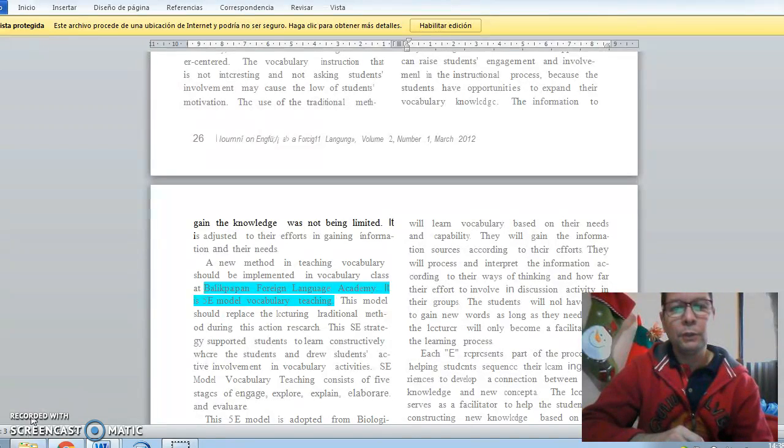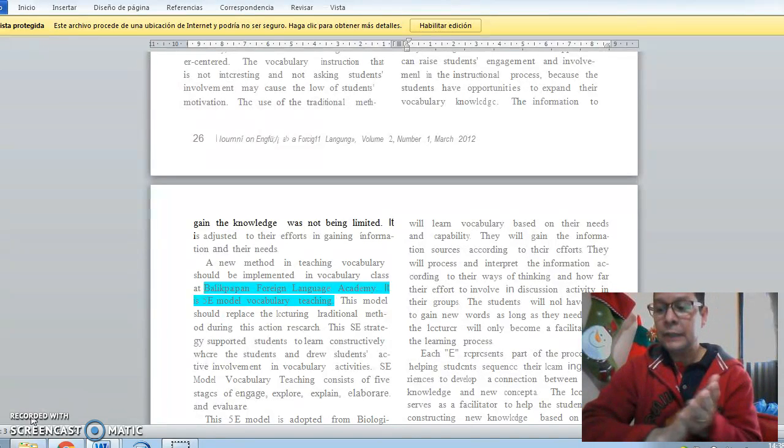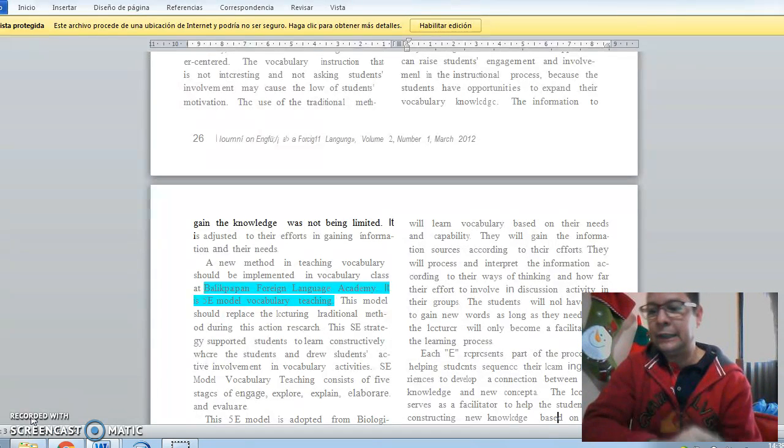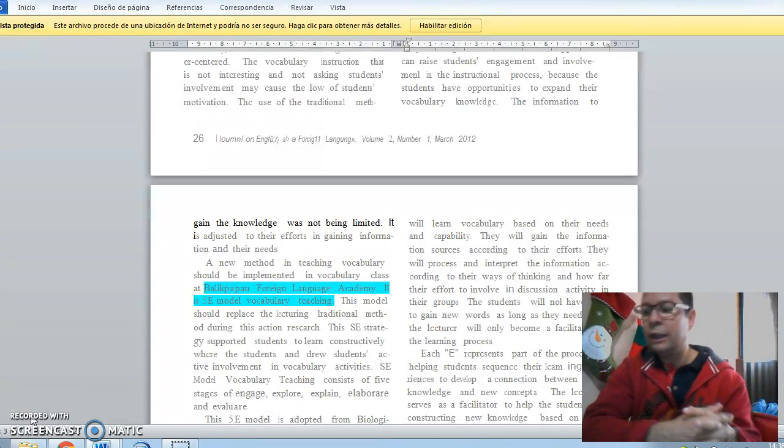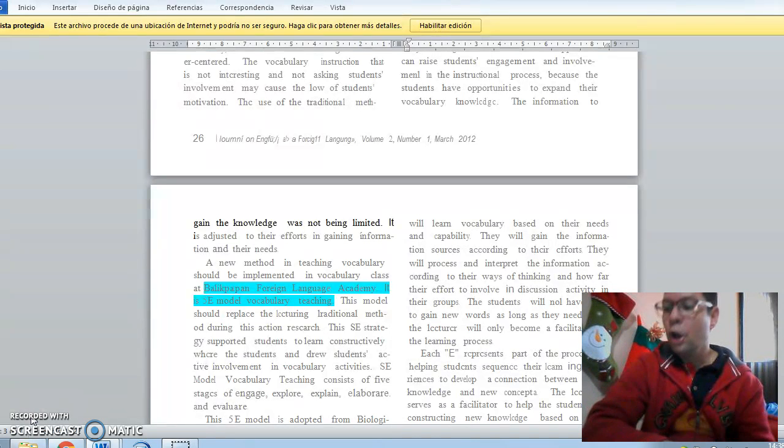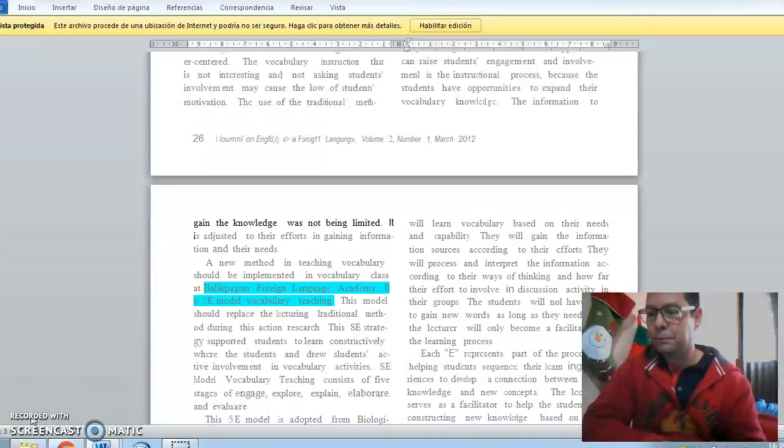The method used in this study was classroom action research, understood in its application in the second language environment as the study of a social situation in which teachers and students were looking for a way to improve the quality of the action through a cyclical process of planning, action, reflection, and evaluation of the result of the action.